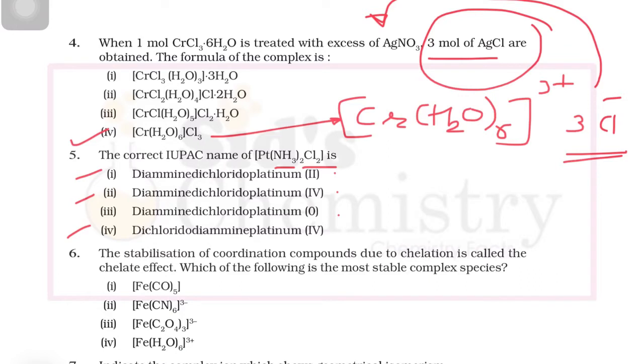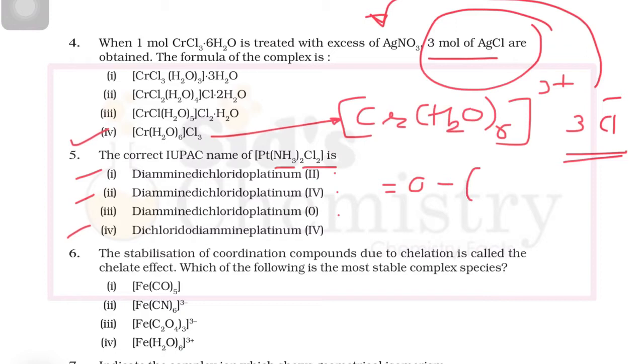Oxidation number can be obtained by using the formula: the charge of the complex minus the total charge of the ligands available in the complex. We know that the charge of this complex is 0.